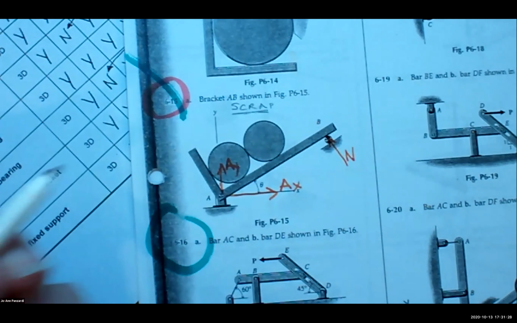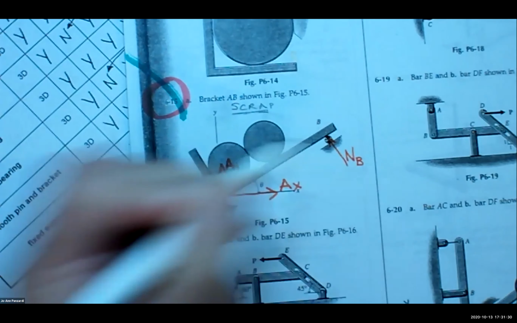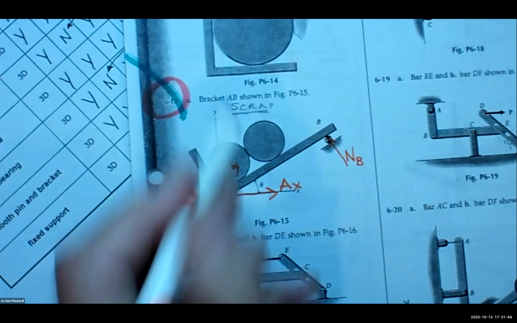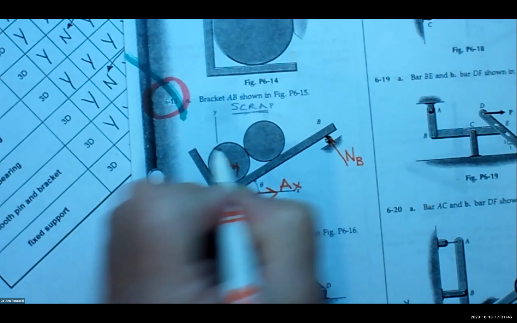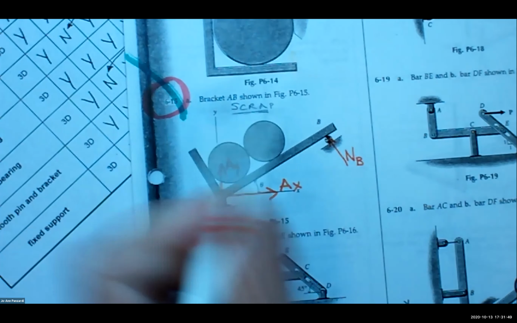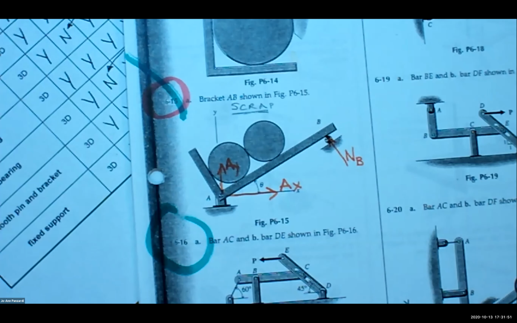Then we have a normal touching at B. I have a normal at B, and in this case, I'm going to call it NB. Yes. And what else do we have in here? A normal between the first cylinder and the wall. Okay, so let's call this, you know what? Looking at this, I might actually rotate my axes.